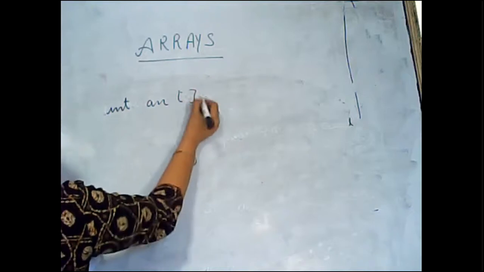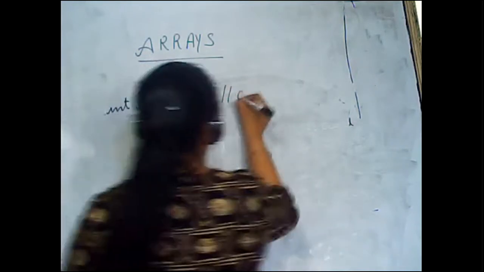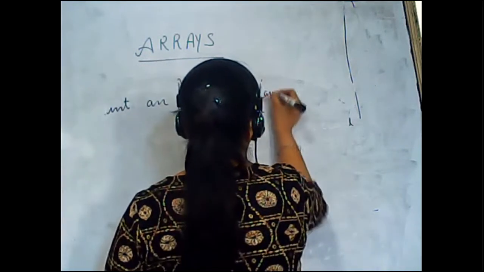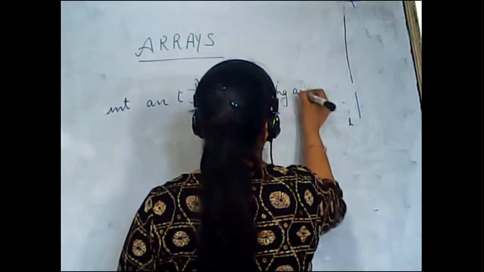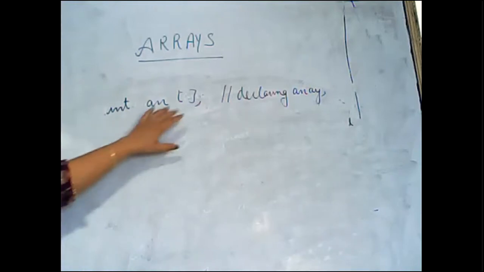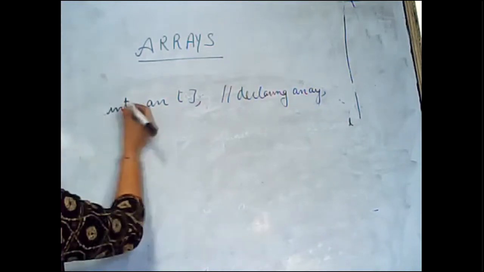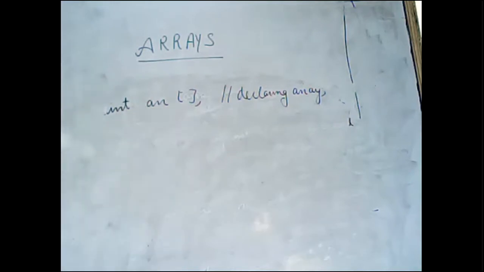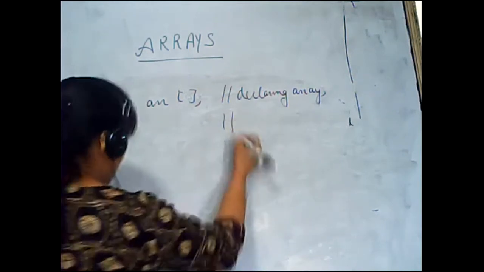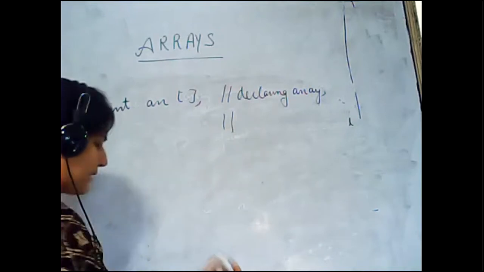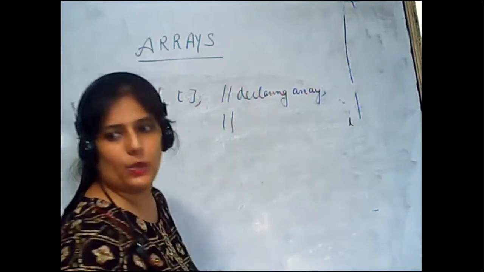That means I am declaring that int array. This statement is defining that I am declaring an array, int array. This is the name of my array, and I have provided it with that notation. Next, we need to instantiate that array, or we can say we need to allocate memory to the array.